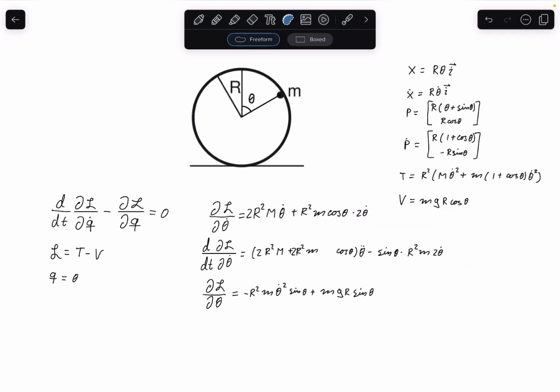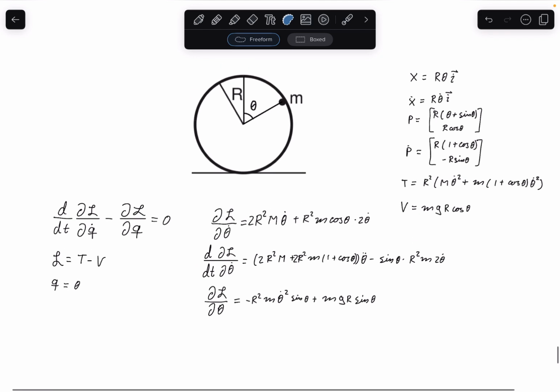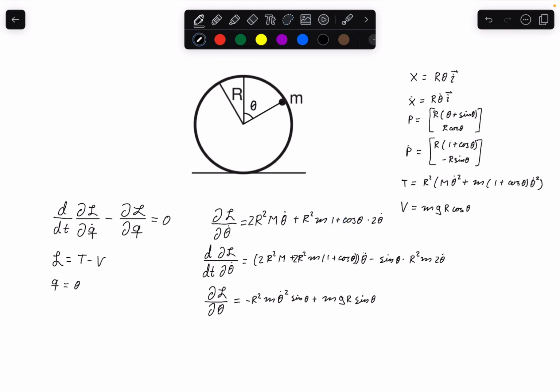So we just add it here, 1 plus cos theta, and we also have to add it here, 1 plus cos theta. It disappears here and here because it's not dependent on theta.